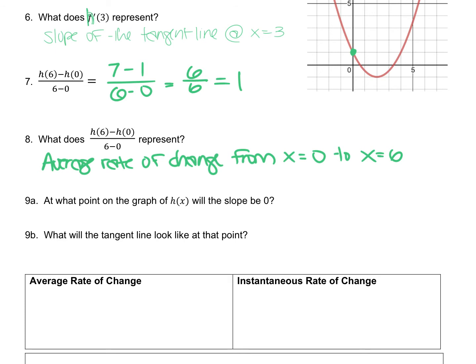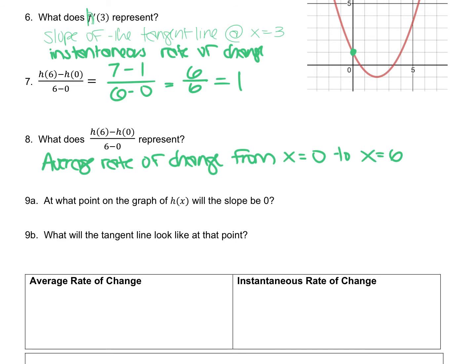So slope of the tangent line, you could also say, is the instantaneous rate of change. Average rate of change is normal slope. Okay?